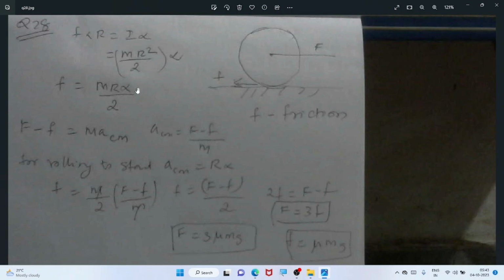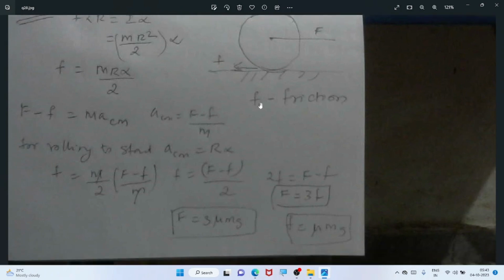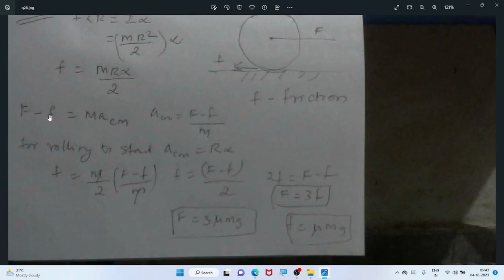If we substitute the moment of inertia, we get this formula, where small f is the friction. So this force minus the friction is m times the acceleration of the center of mass, which is given for the rolling to start.